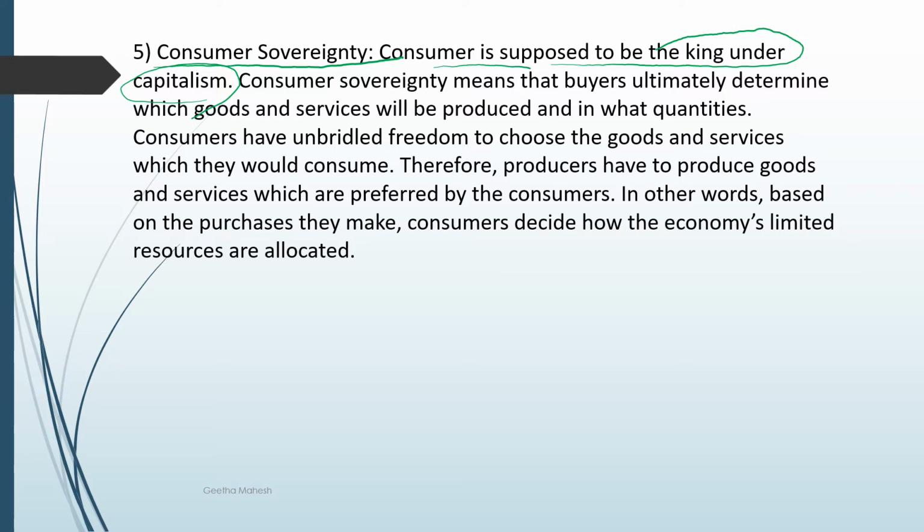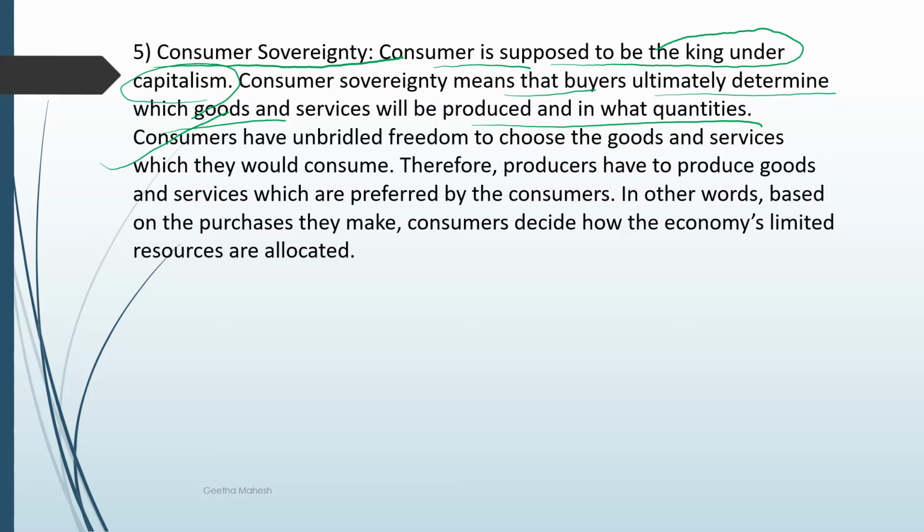Consumer sovereignty means the buyers ultimately determine which type of goods and services will be produced and in what quantity. All producers will produce such goods and services which are preferred by consumers.